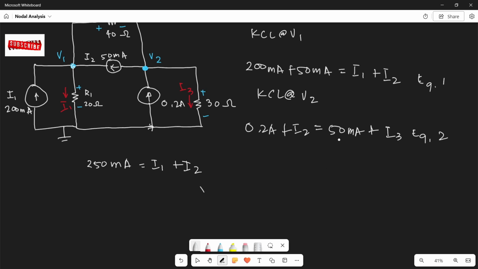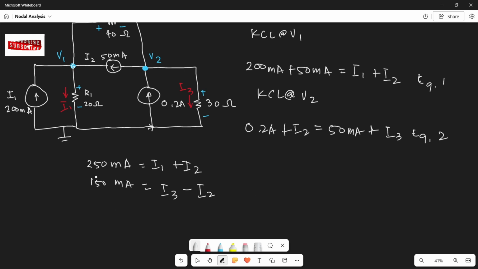And if we simplify equation 2, this will be 200 milliamperes minus 50 milliamperes if we transpose this to the other side. So this will be 150 milliamperes is equal to, transposing I2 to the other side, I3 minus I2.